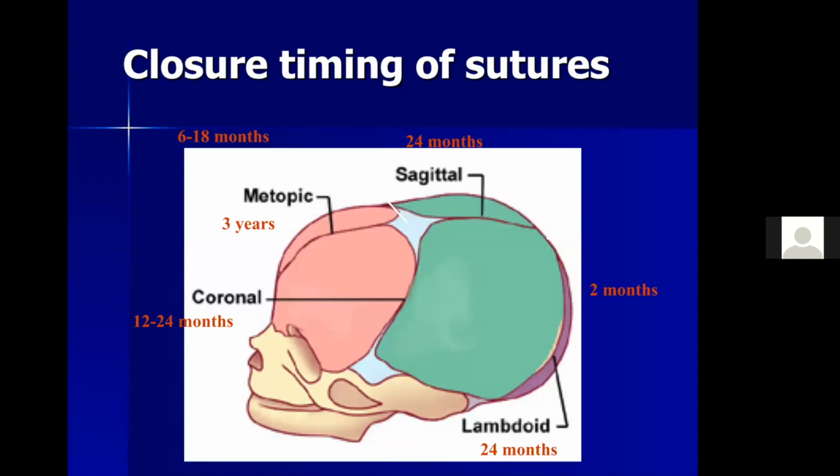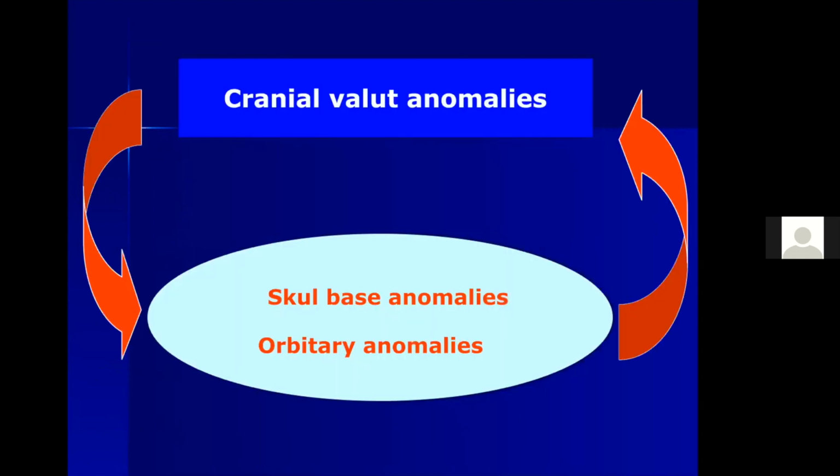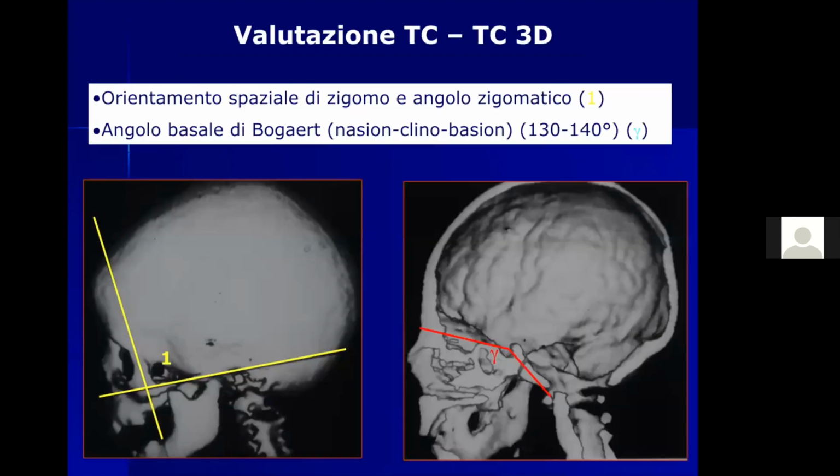Normally, we have this timing for the normal closure of sutures, so we can see that in the first 24 months of life all cranial sutures will be closed, to let the brain grow. It is important to understand that the cranial vault anomalies are strictly connected with skull base anomalies and orbital anomalies.